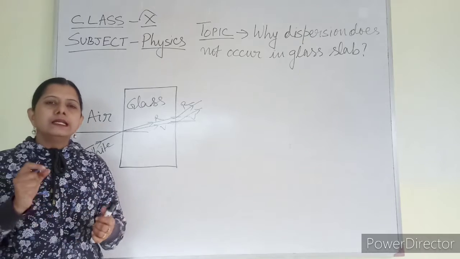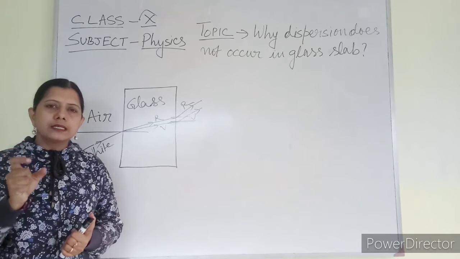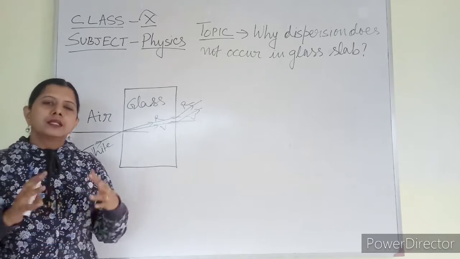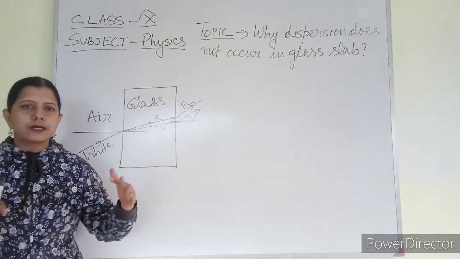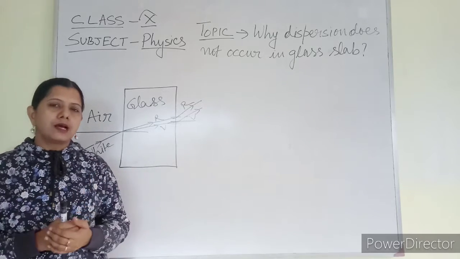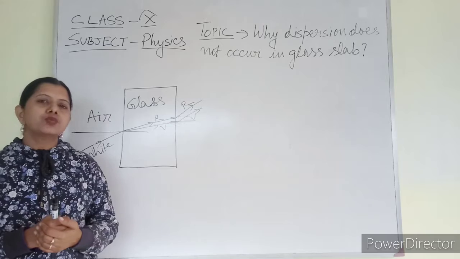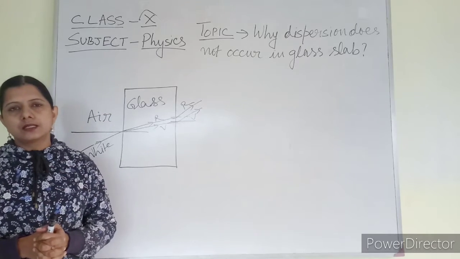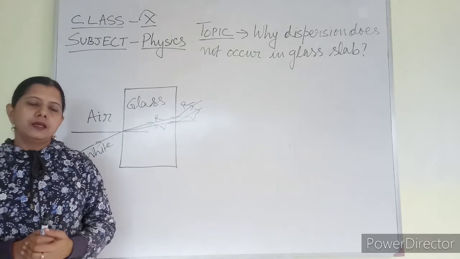Human eye needs a particular distance of separation between the different colors, then only we can distinguish different colors. If that particular distance is not there, then we cannot distinguish whether different colors are there or only white color is there. So this is what is happening here.